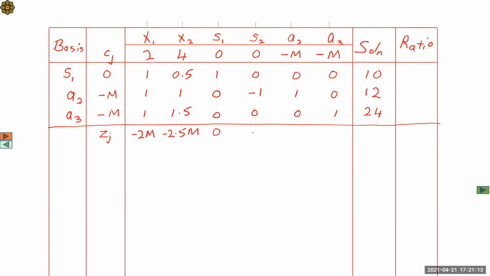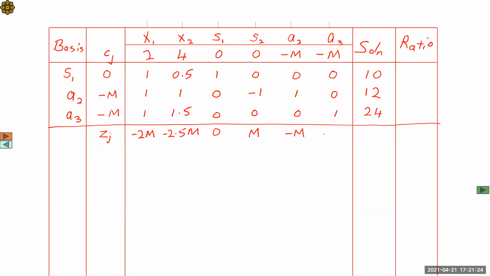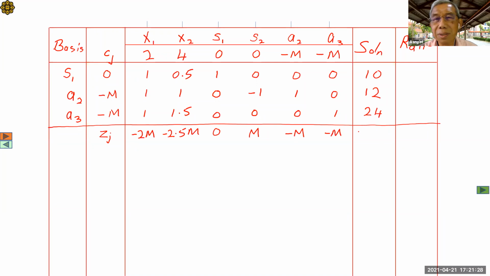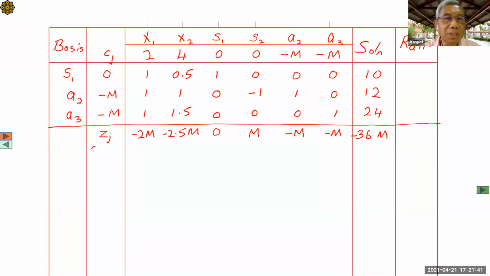Here, positive M. M represents a large magnitude of number. Also negative M. Then negative 36M. Okay. Now, as usual, Cj minus Zj.